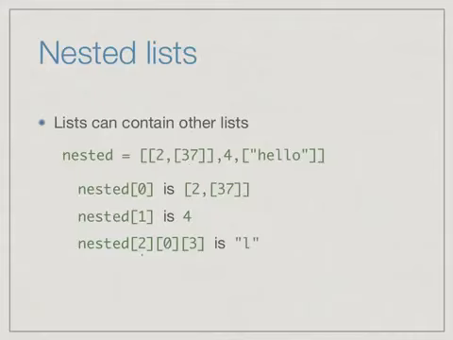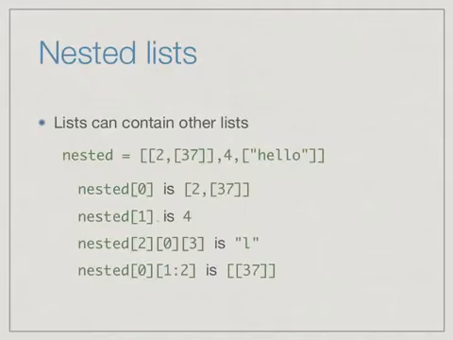And now if we look at the position 2, which is this list, then in that we look at the 0th position, which is this string. And in that we look for the third character, which is 0, 1, 2, 3, this L. Right? So nested[2] takes us to the last value in the list nested. In that we look at position 0, which is the first value in the nested list. And in that we look at position 3, which is the third character in the sequence contained in that position. And we get the character L, or the string L actually.